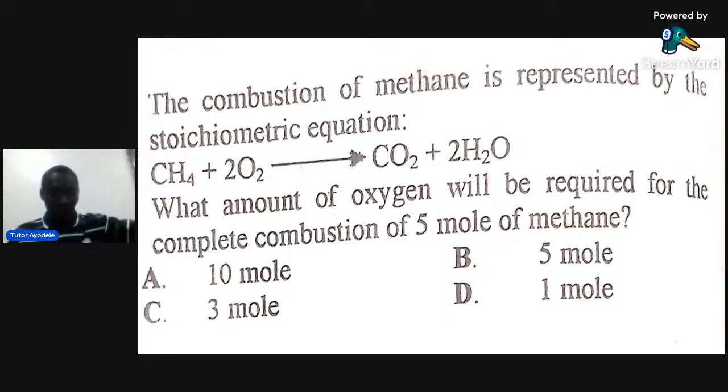That 1 mole of methane, I've shown you here, just 1 mole. So 1 mole of methane joined with 2 moles of oxygen to give you the product.